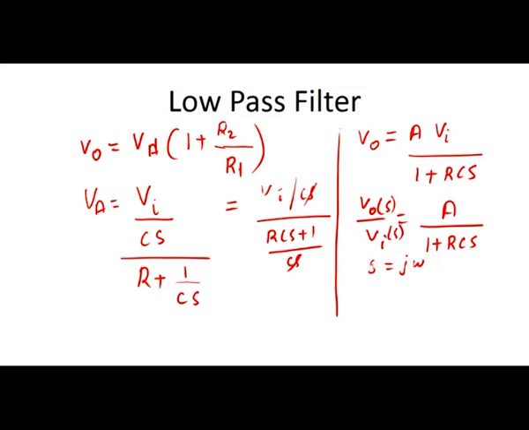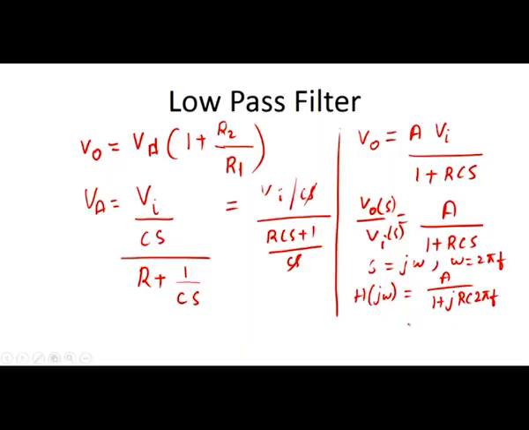Substitute S is equal to j omega, and the transfer function now will be h of j omega, which is given as A by 1 plus j RC omega, where omega is 2 pi f. S is equal to j omega and omega is equal to 2 pi f.